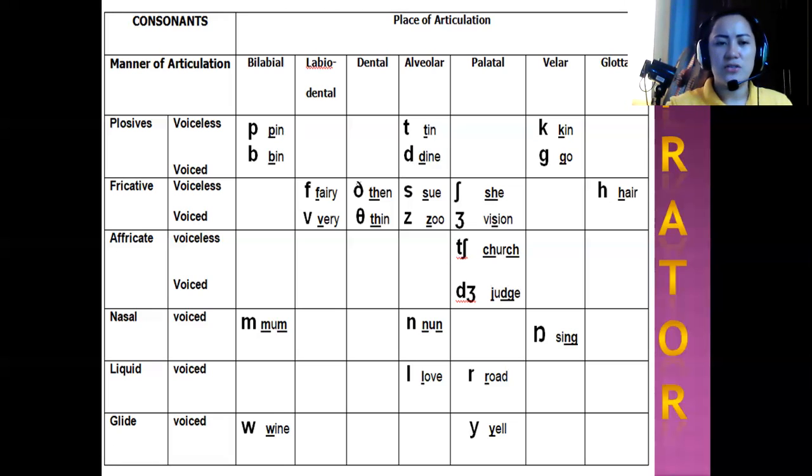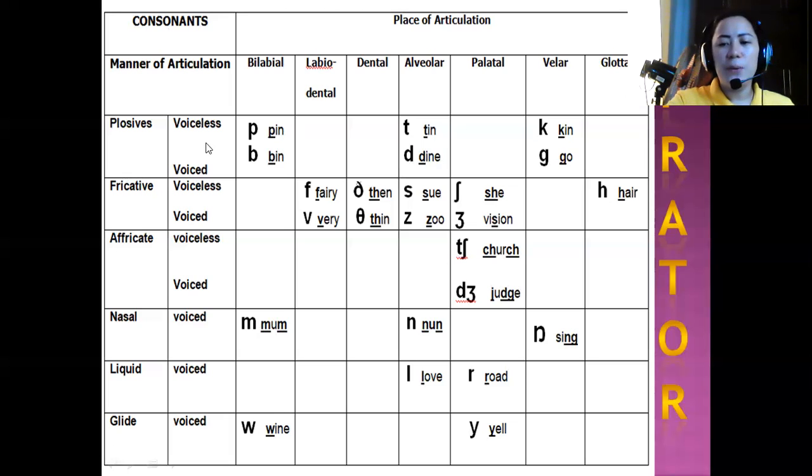You will see how our speaking mechanisms are moving, and then you will be able to not really see but feel, and identify the place of articulation. Again, no need to memorize, just execute the sound.